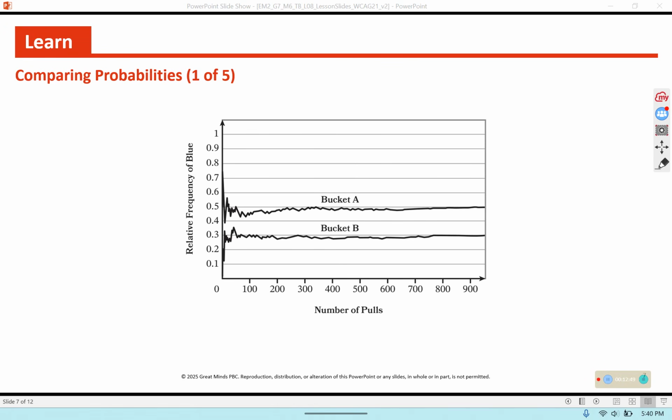If they did over 900 pulls, we did 10. If we repeated that process 900 times, you can see that the more and more times we repeat that experiment, the closer and closer it gets to the actual theoretical probability, the more accurate our answers become. So this one has an estimated probability of 0.5, whereas bucket B has an estimated probability of 0.3. So bucket A would be the bucket I would want to choose because selecting a blue has a greater probability of occurring.